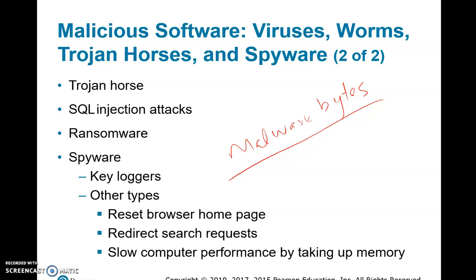Spyware takes up the memory, so when it takes up a lot of memory, you don't have memory to work with and everything is slow. That's where the problem comes in on most computers. So you can use Malwarebytes, which is free, to help you get rid of these spywares.